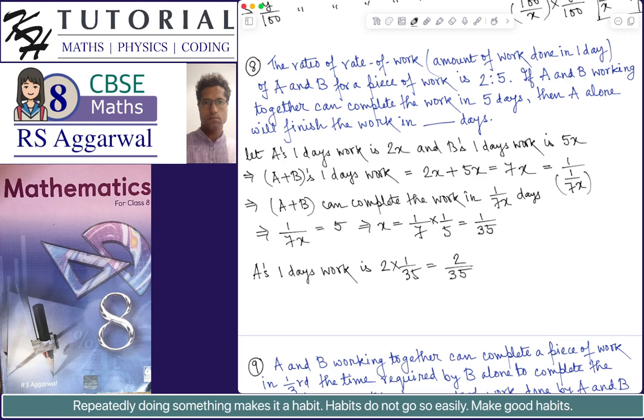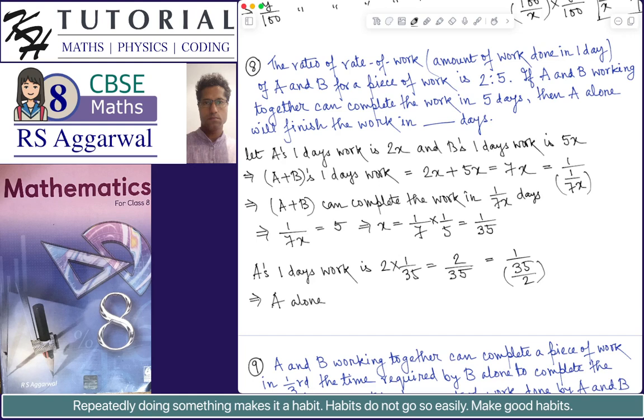So A's 1 day's work is 2 by 35. So this implies now 2 by 35 can be written as 1 by 35 by 2.